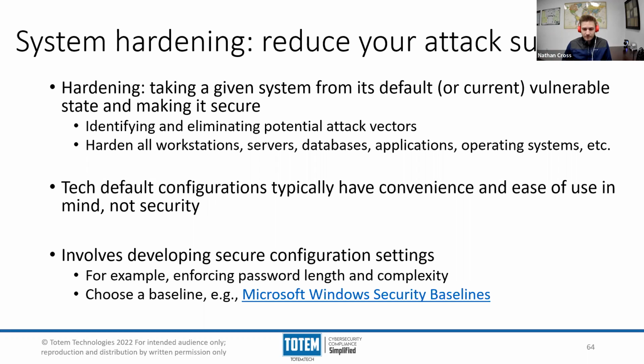So baselines could be specific to a given asset, they might not be, but we do recommend that you choose a security baseline out there. In fact, I have another link here to the Windows security assets. You can read a little bit more about their use specifically within a Windows environment.